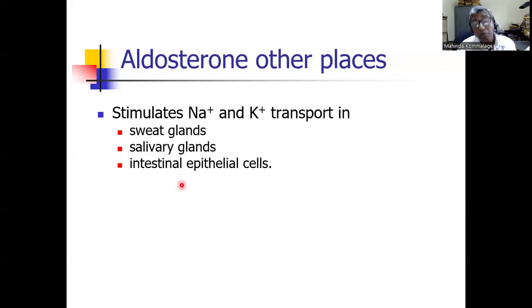Sodium reabsorption will occur more with the action of aldosterone in the duct of the salivary gland, and the same thing will occur in some other places in the intestinal epithelium also. Sodium reabsorption will be stimulated by aldosterone.